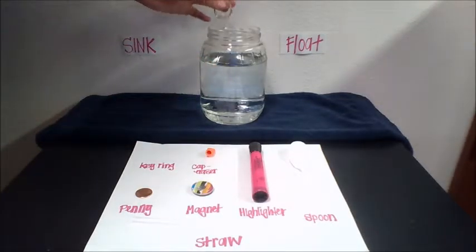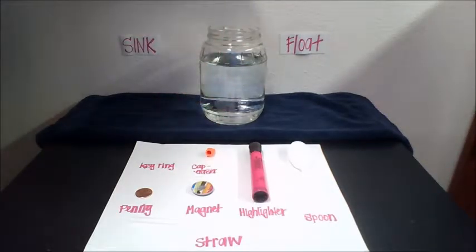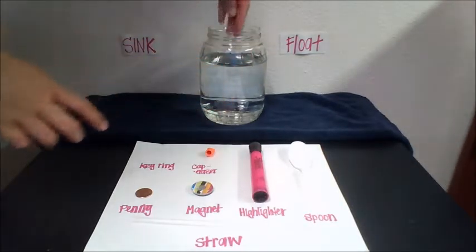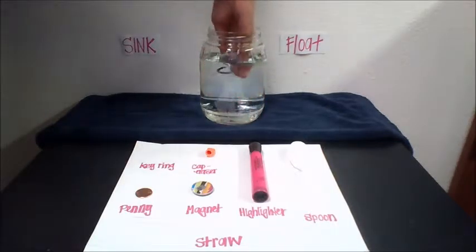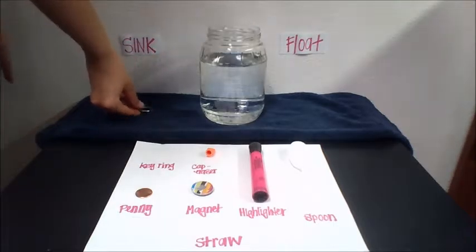If the key ring is more dense than the liquid, then it will sink. Let's see what happens. The key ring sank. So that means the key ring is more dense than the liquid in this jar. So I'm going to put it over here under sink.